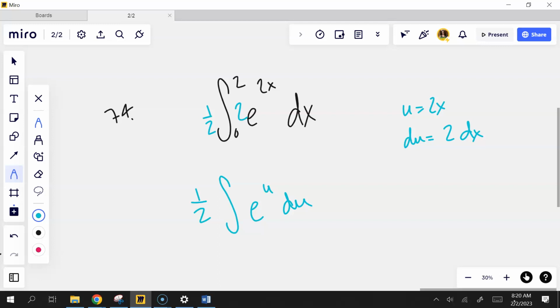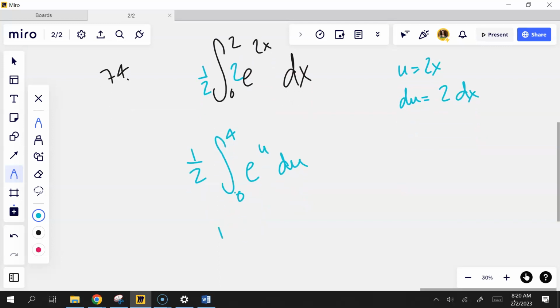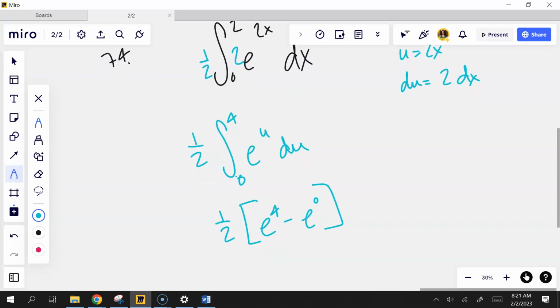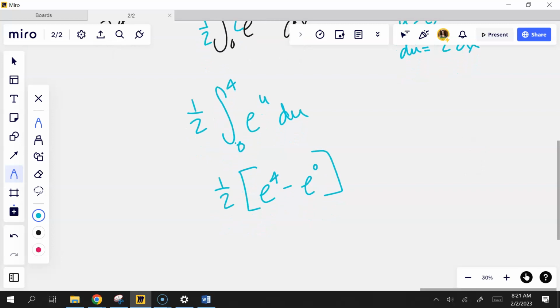So it's just 2x, right? So this one would be 2 times 2, which is 4. 2 times 0, which is 0. 1/2 e to the 4th minus e to the 0. Well, anything to the 0 is 1, so I get 1/2 times e to the 4th minus 1.